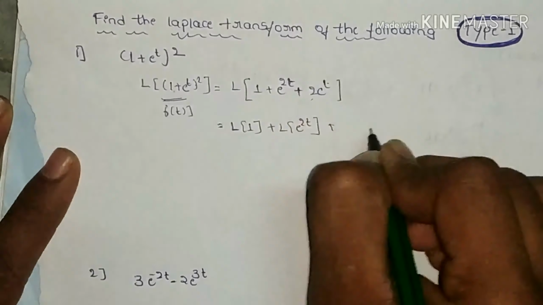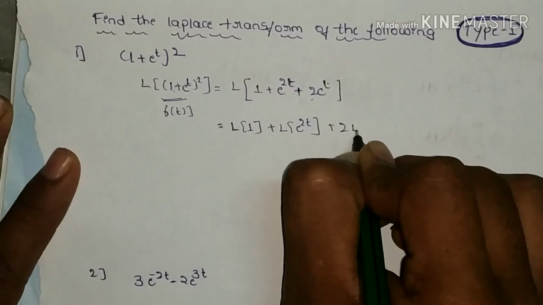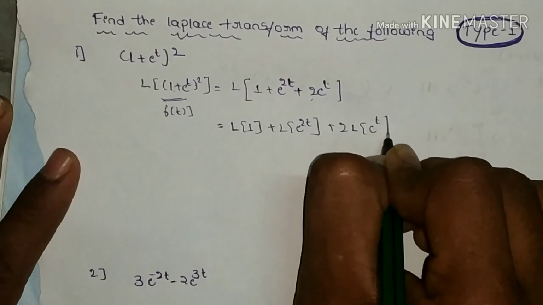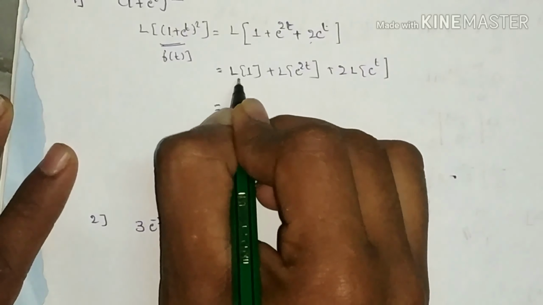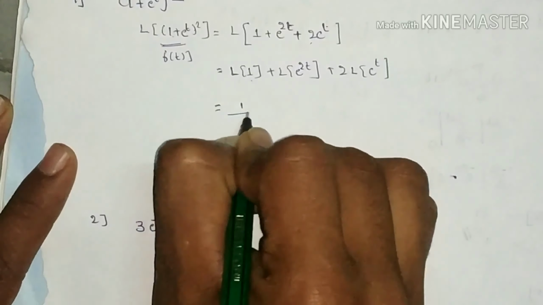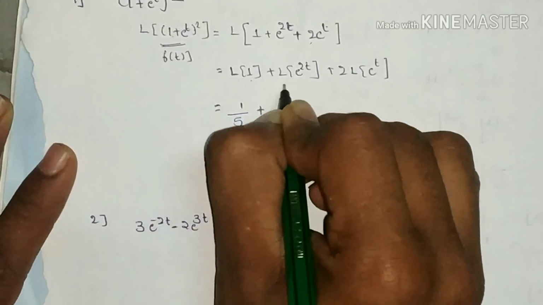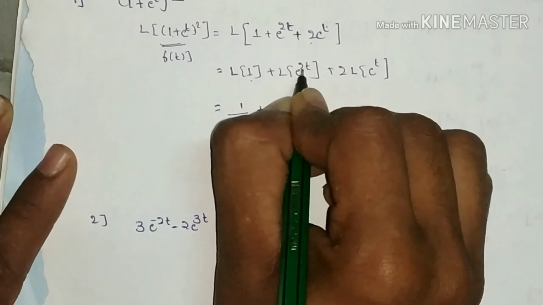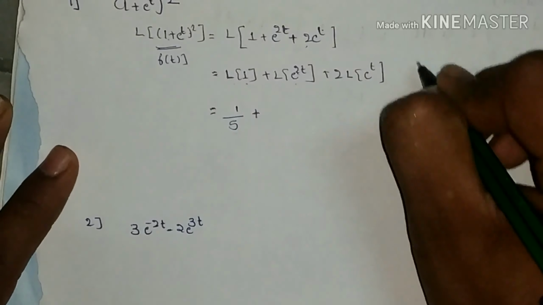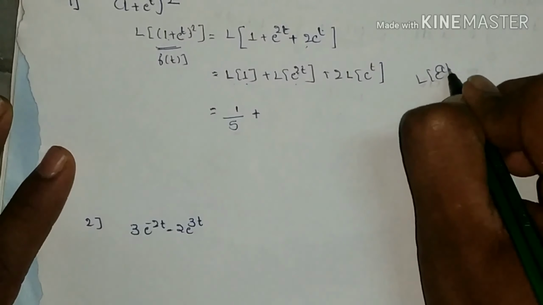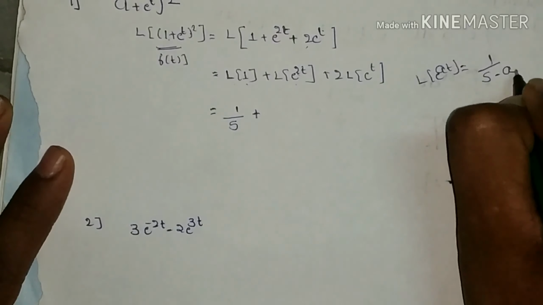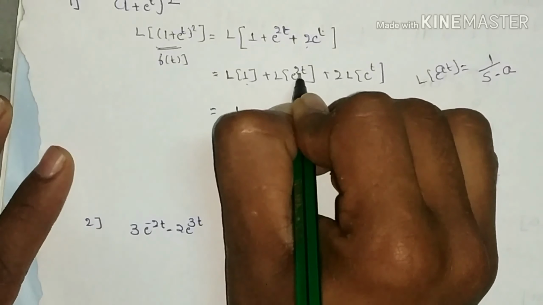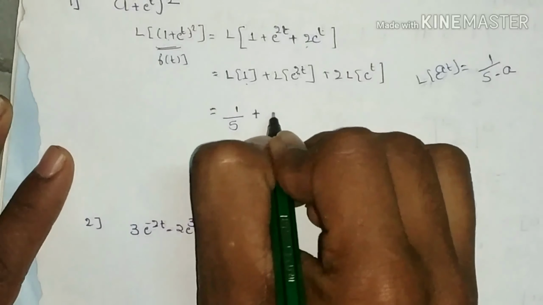Here the constant is there, so take it outside from the Laplace of e raised to t. So in the standard result, Laplace of 1 is 1 by s, plus Laplace of e raised to 2t. In our standard result, Laplace of e raised to at means 1 divided by s minus a. Here in this problem, a is 2.